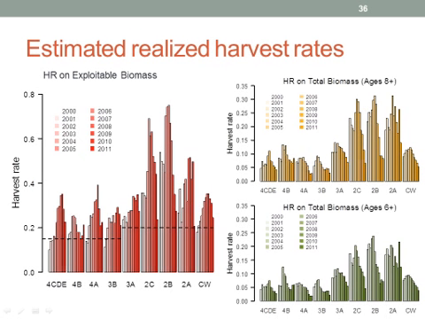The one question we needed to answer is people said, well, how can you catch 80% of the halibut in Area 2 and have any left? Because the harvest rate that we show is defined as a fraction of the exploitable biomass taken, but the total biomass is much larger than the exploitable biomass.